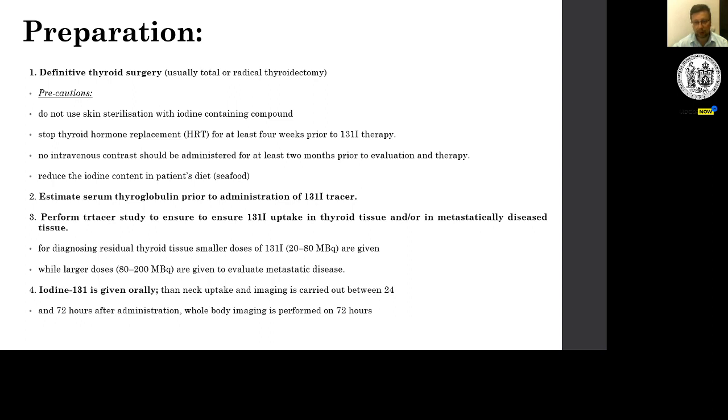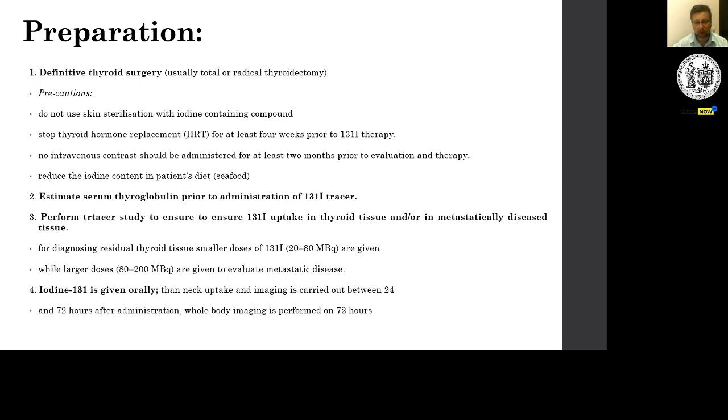We must prepare the patient, and the first step is a definitive thyroid surgery, usually total or radical thyroidectomy. We have such precautions as: we should not use skin sterilization with iodine-containing compounds during the surgery.